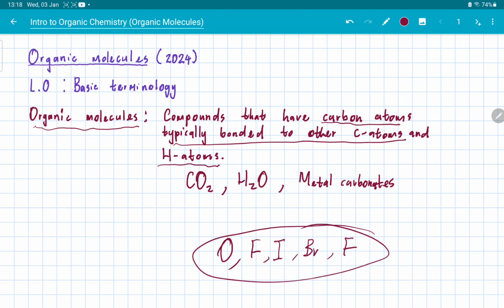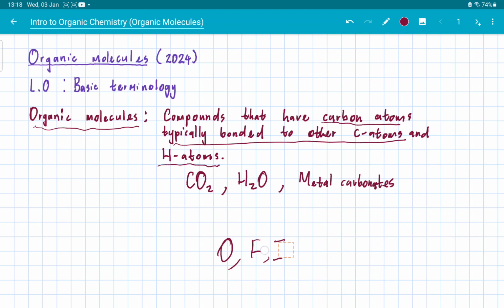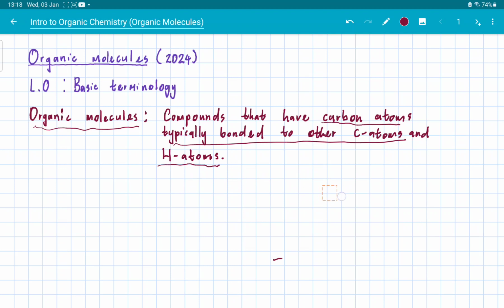There might be these atoms there, but the carbon has to be present in these molecules, and also almost 100% of the time, hydrogen is also present. But we will see how we have these exceptions, because it also has something to do with chemical and physical properties.